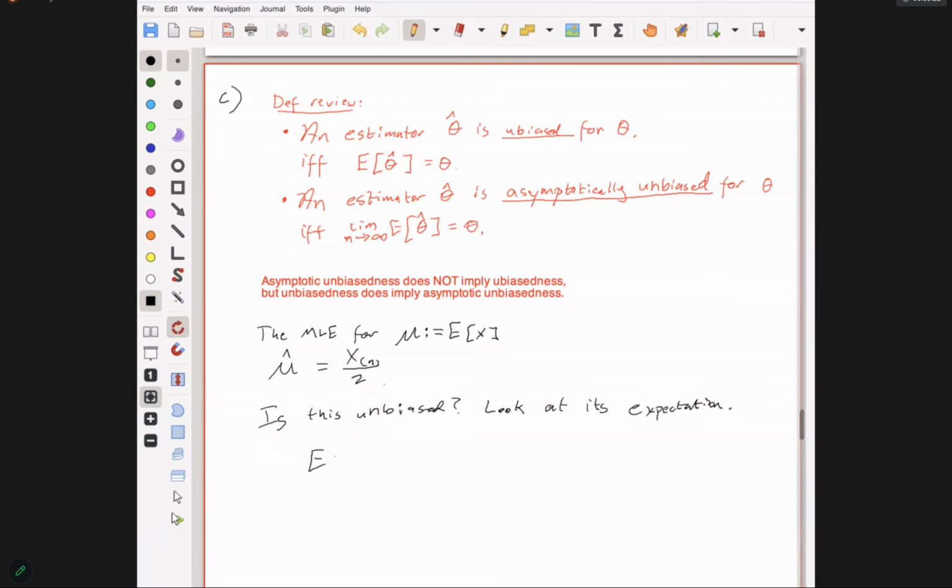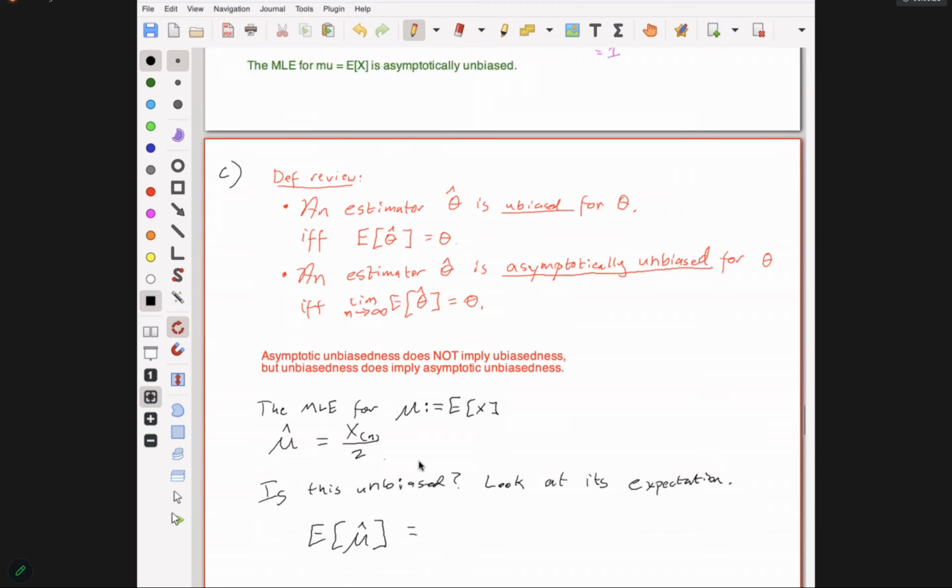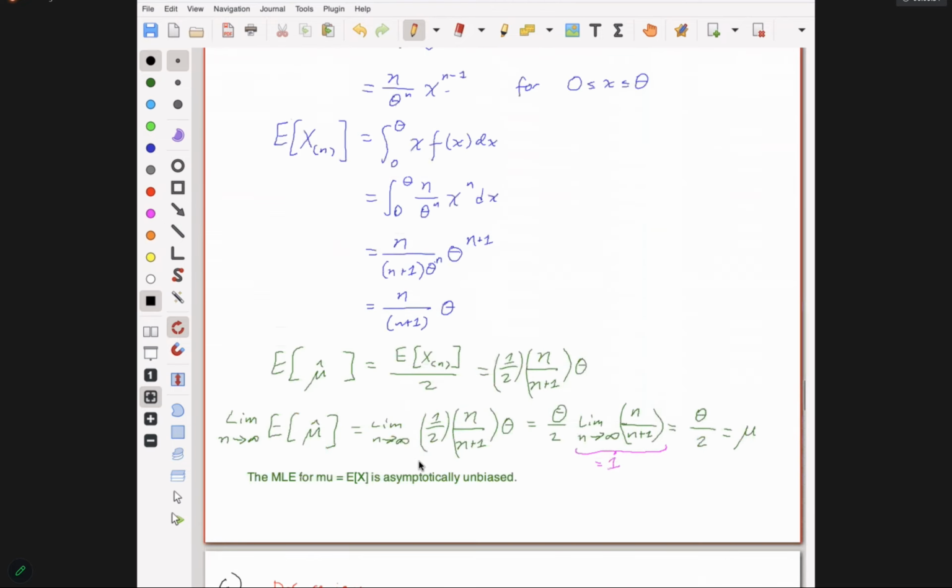So then, in determining whether mu hat is unbiased, we need to look at its expectation. So the expectation of mu hat, we actually talked about this the last time we were looking at these problems.